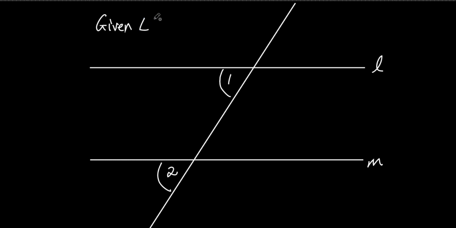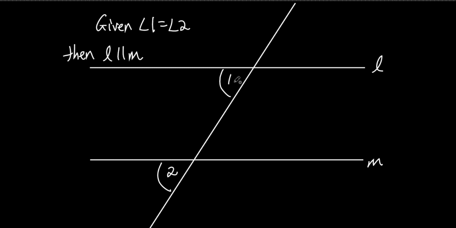Angle 1 is equal to angle 2. And we want to prove that these two lines are parallel. If these two corresponding angles are equal to each other, then line L is parallel, not equal, parallel to line M.